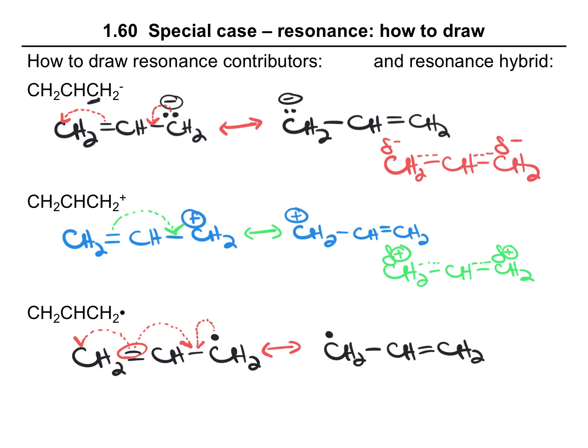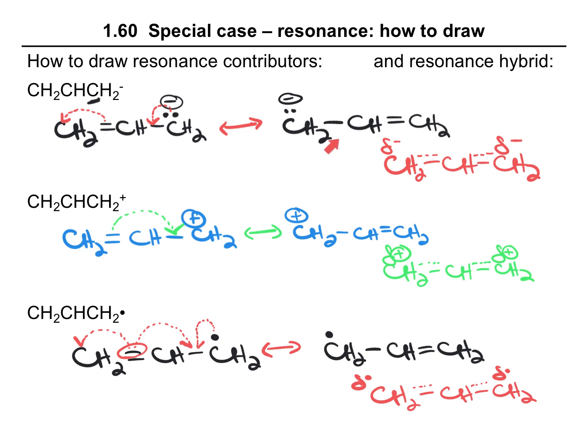And when it comes to a radical, this is where it's a little bit harder to draw the hybrid. This part is the same, so our CH2, CH, CH2 with partial double bond character, but this is where it gets a little bit weird. We could do like a partial radical, that's okay with me if that's the way that you draw this.